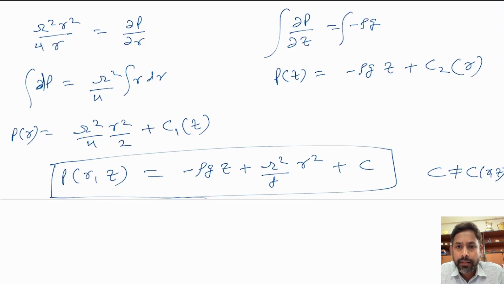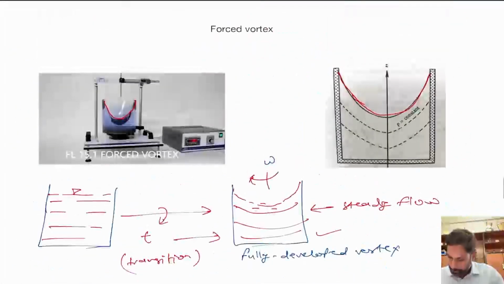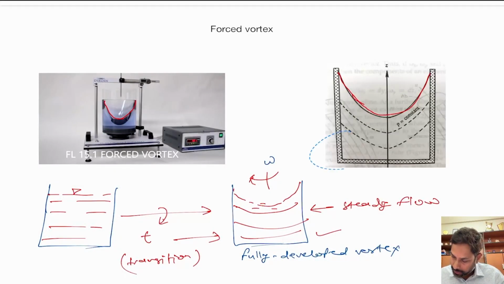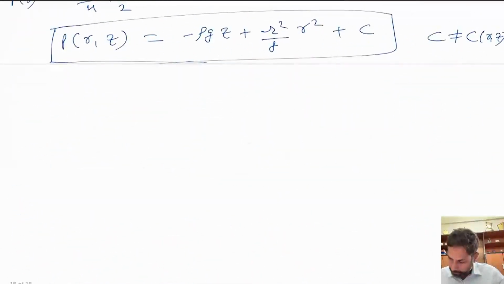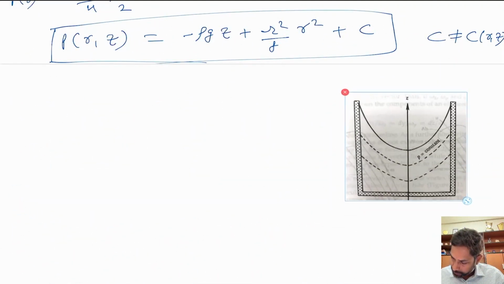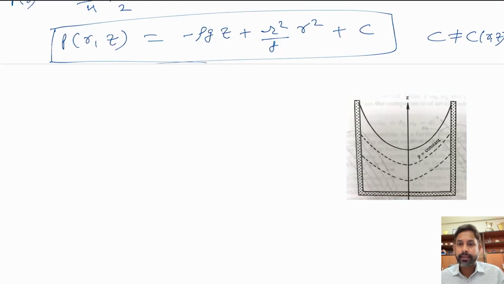But now we have to find the constant c, and for that we can define a point. So let's consider this image. Okay, so this is the vortex that we have got, right? This is just a representative image, and let's assume that this is the lowest point in the vortex when you look from the top. Above it is air and below it is water, and that is why this point must be at atmospheric pressure, right?